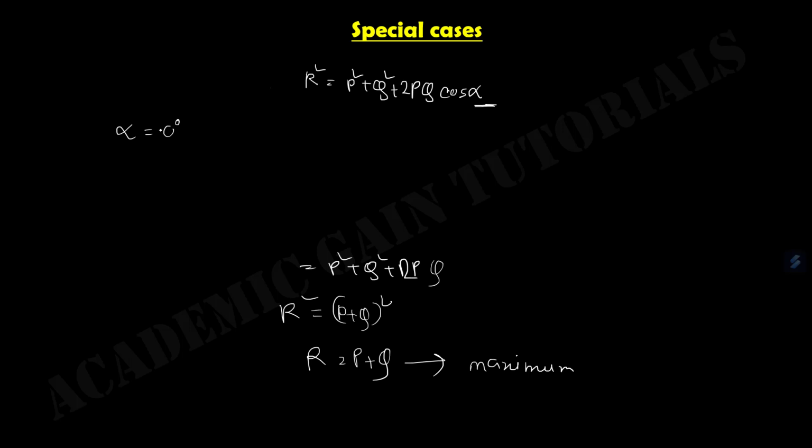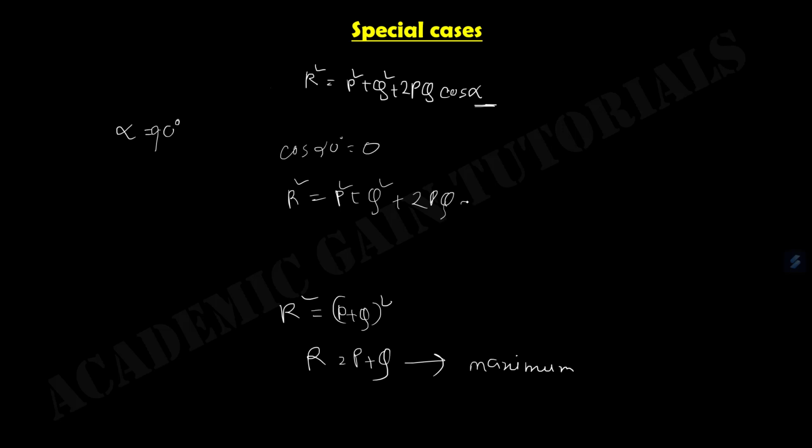Now take alpha equals 90 degree, and we know that cos 90 degree equals 0. So we can write R square equals P square plus Q square plus 2PQ cos of alpha, or P square plus Q square, as cos alpha equals 0, so the whole term should be 0.